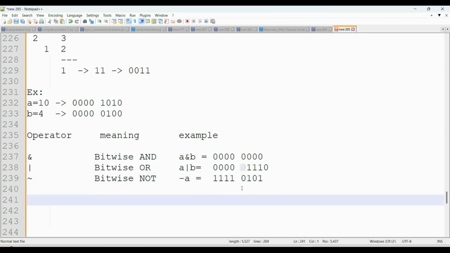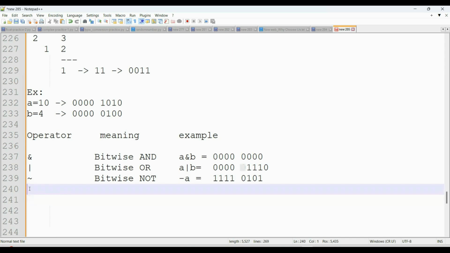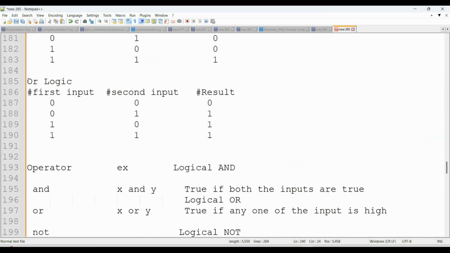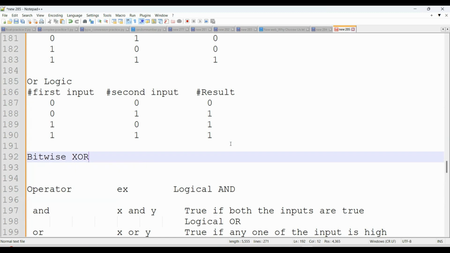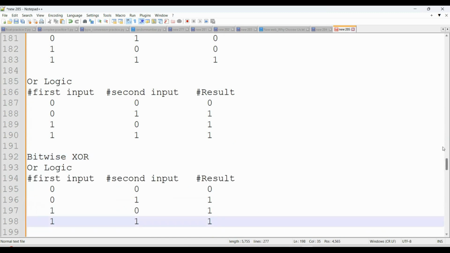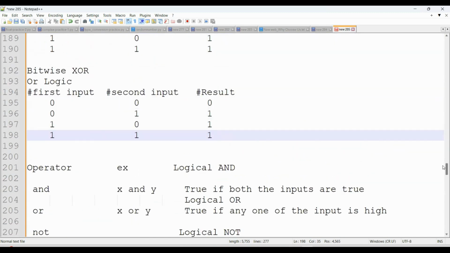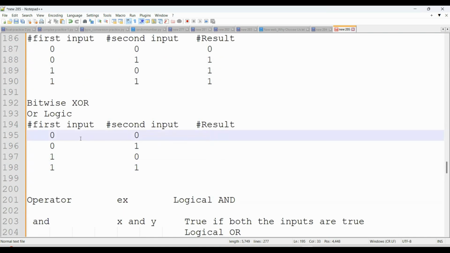Then exclusive OR. What is the symbol for exclusive OR? These are all digital gates. Bitwise XOR. What is the logic? If both the inputs are same, the result will be 0.